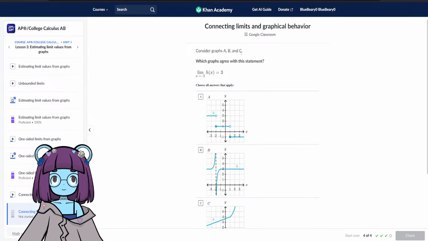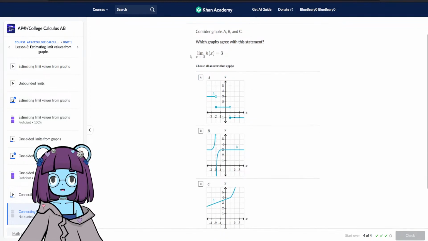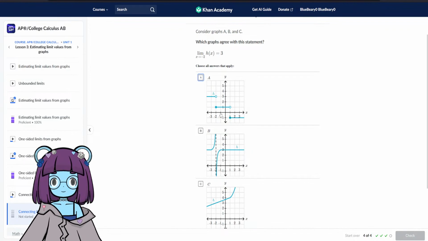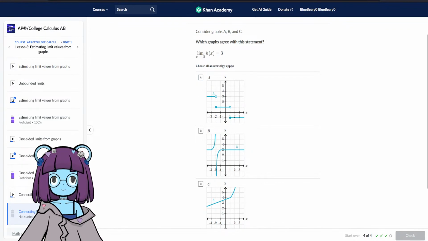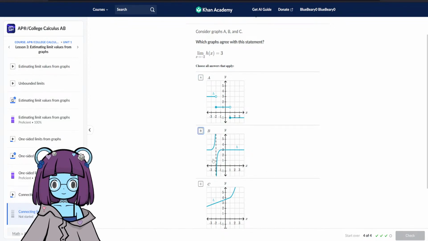Consider graphs A, B, and C. Which graphs agree with this statement? The limit of h of x as x approaches -2 should equal 3. So from both sides. There's no one side only. That one's not correct because the limit at -2 simply does not exist.